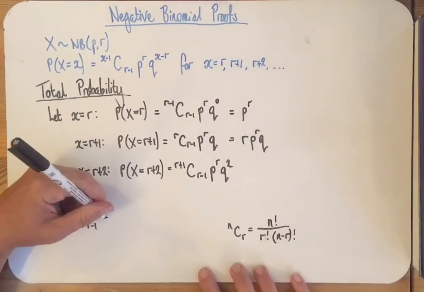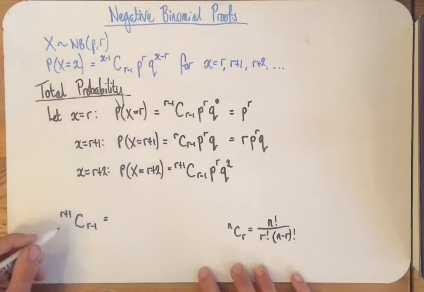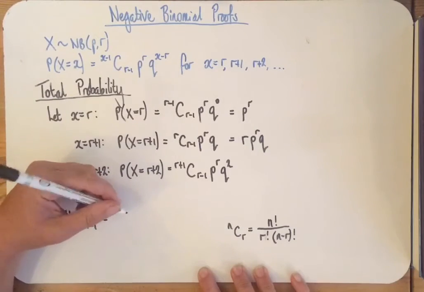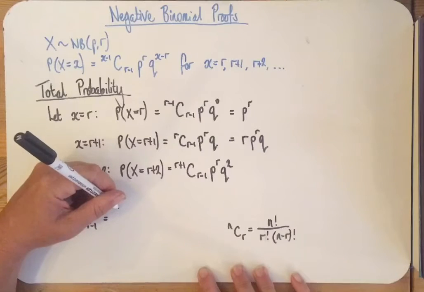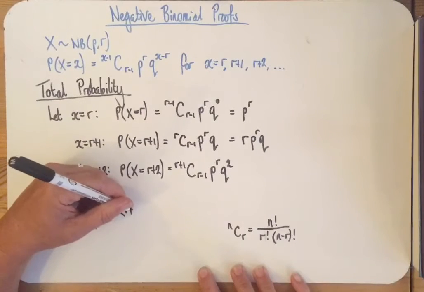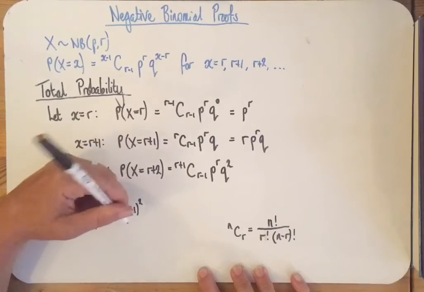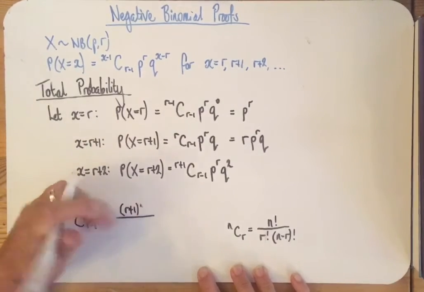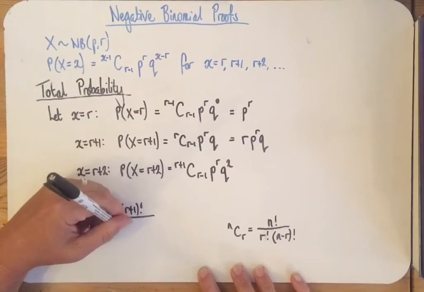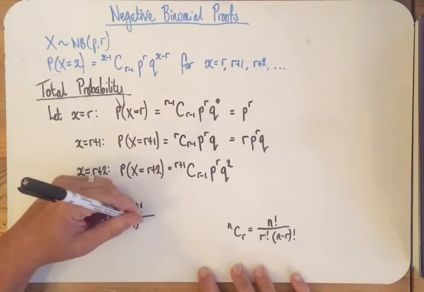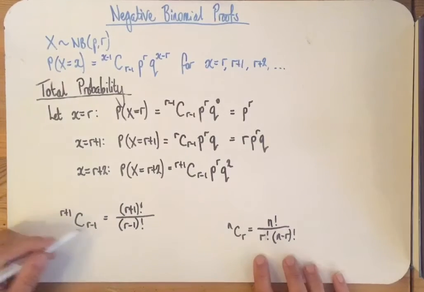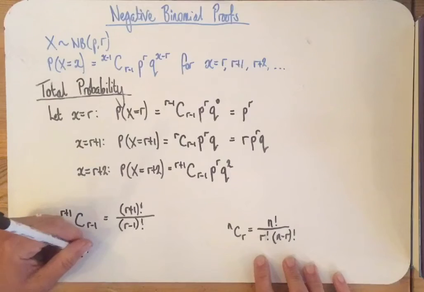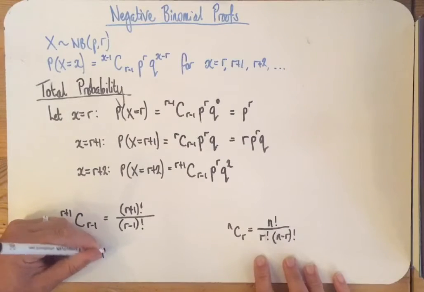So plugging into there, the top of this, if it's r plus 1 choose r minus 1, I've got r plus 1 factorial over r, which is r minus 1 factorial, and then n minus r is going to be r plus 1 minus r minus 1.